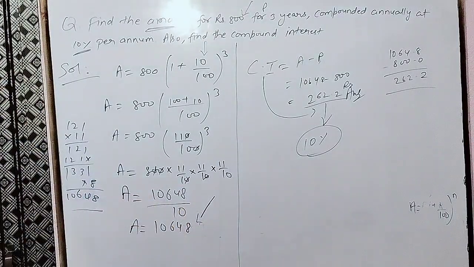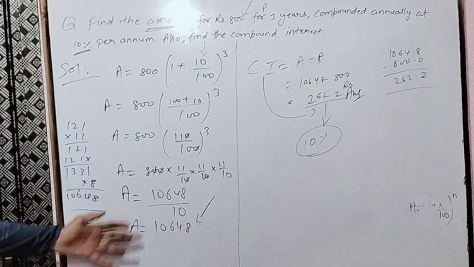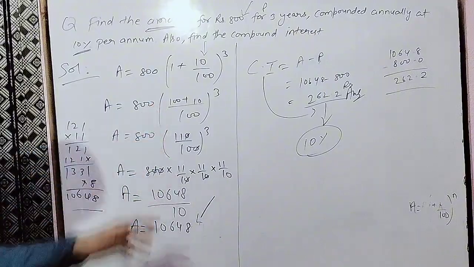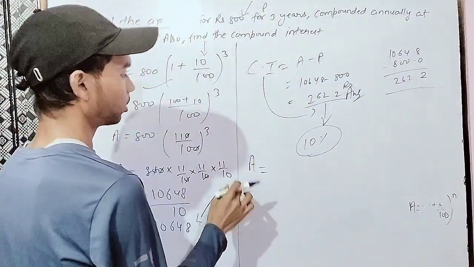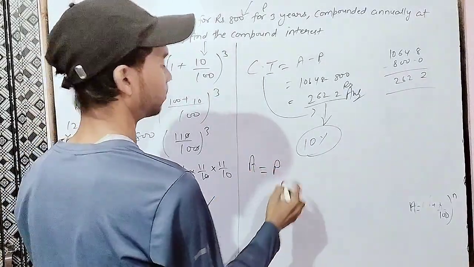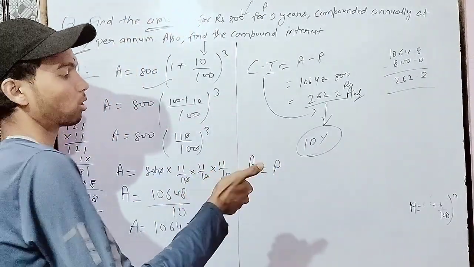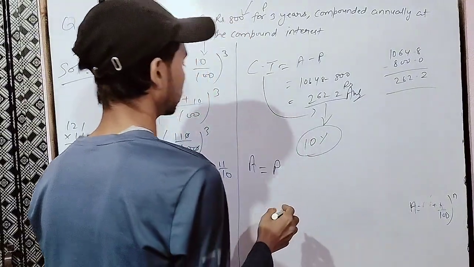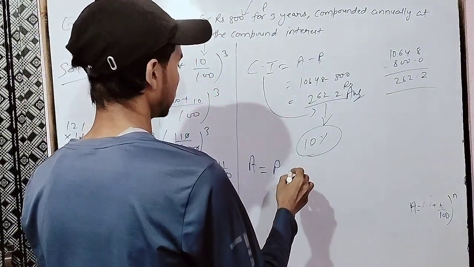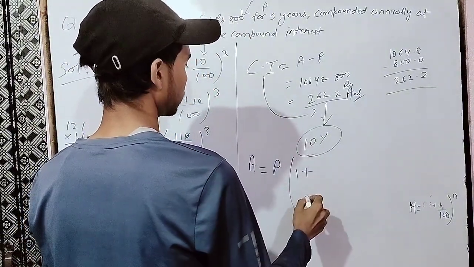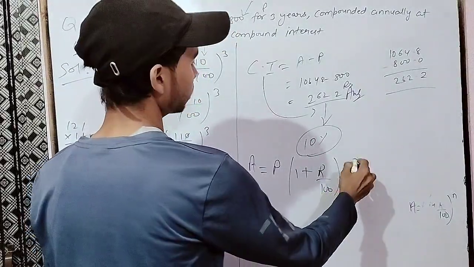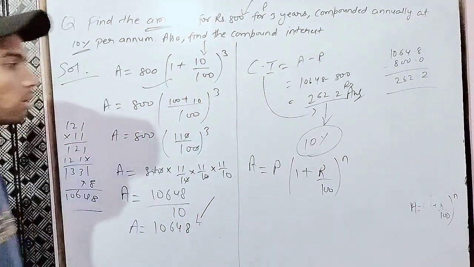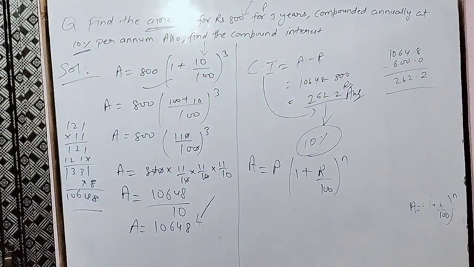You can see what you can understand from here. We applied this formula. This is nothing but the final amount, P is the principal, which is the borrowed money. One plus rate upon 100. 100 is nothing but percentage. And n is the number of months, years, days, weeks.